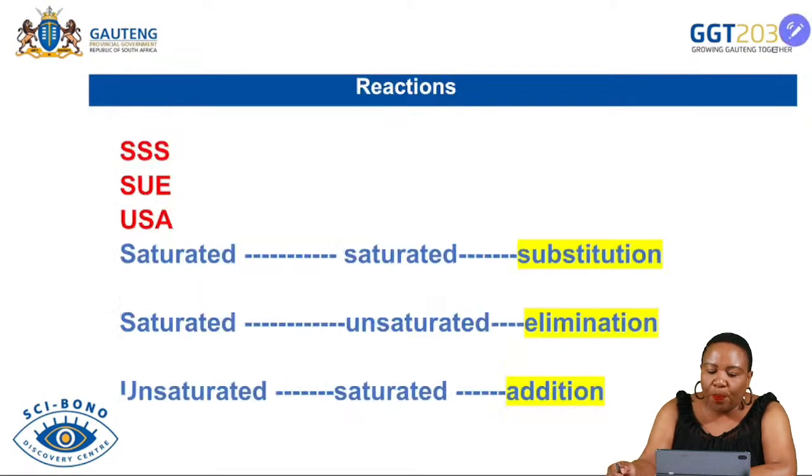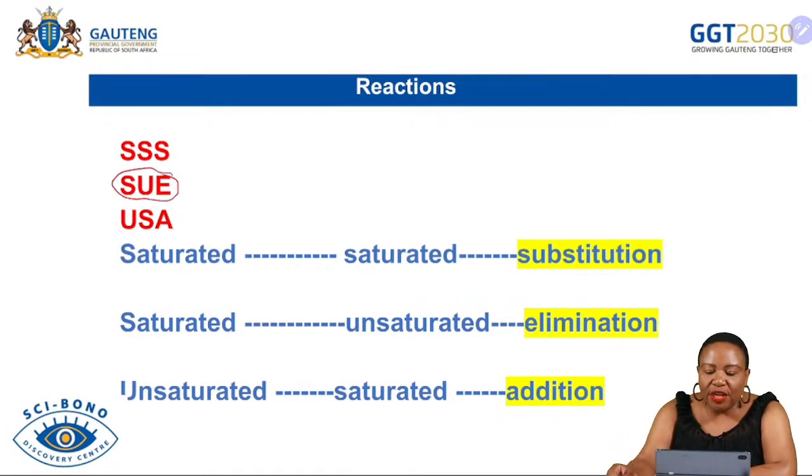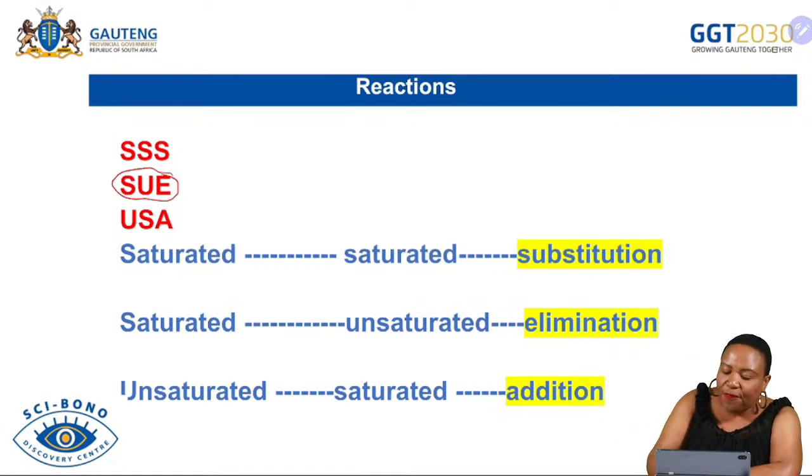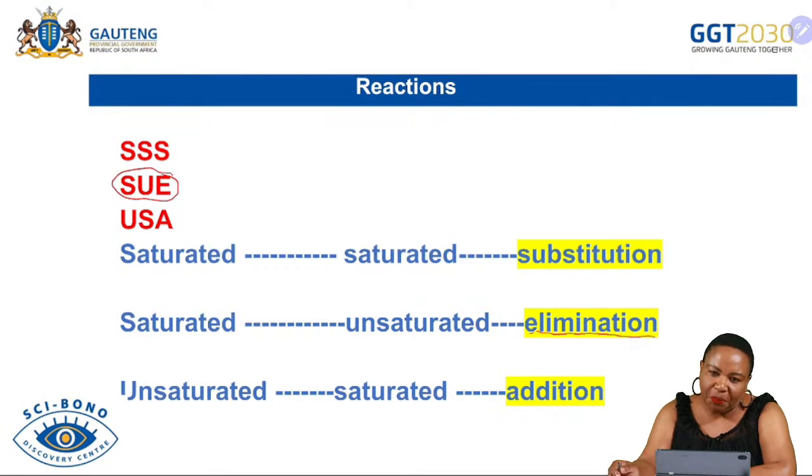When you go back to your strategy, from saturated to unsaturated, it means it's our SU. So if it is SU, it means it is from saturated to unsaturated, therefore the type of reaction is elimination. So it is easy when you firstly identify the compound as saturated or unsaturated before you go and choose your reactions.